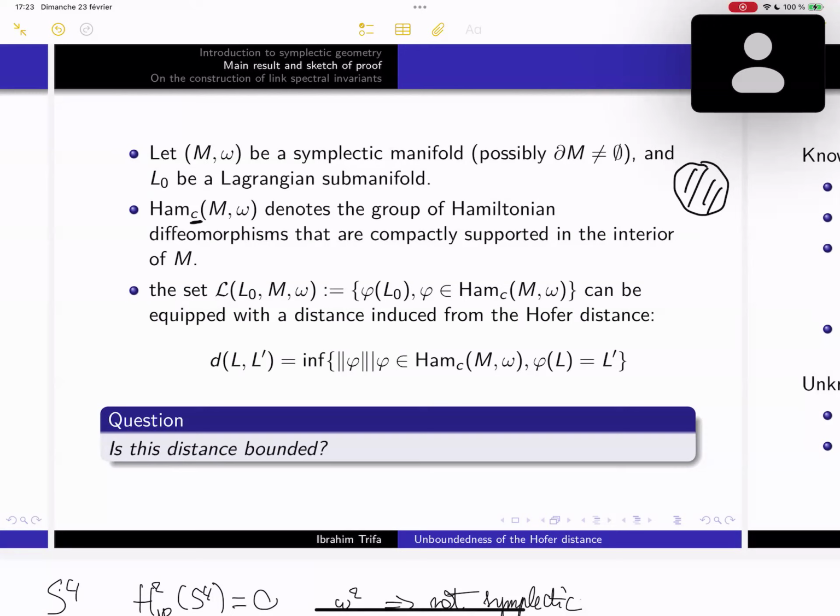Yes, so very little is known about this distance, and for instance, we can ask if it is bounded. So if this set L of L0, M, omega has finite or infinite diameter for this distance.